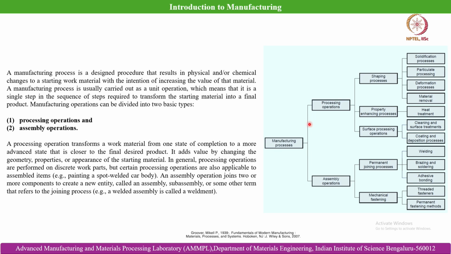So the manufacturing processes can be broadly classified into two: processing operations and assembly operations. Within processing operations, we can further classify primary processing and secondary processing. What are the primary processing techniques? They are casting, powder metallurgy, additive manufacturing.